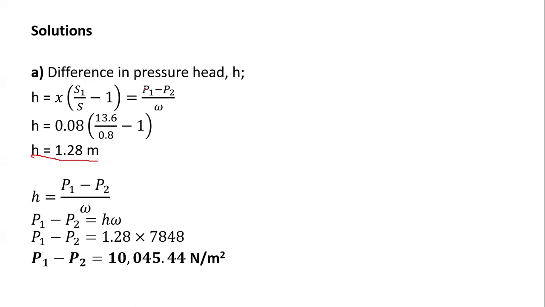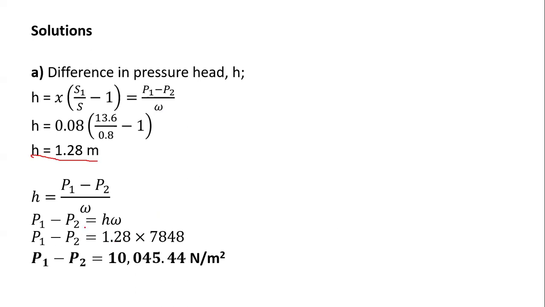Now let's get back to the other formula. Here we're talking about the difference in pressure head. Now the difference in pressure is what we could be looking for. So we come to this formula, H is equal to P1 minus P2 over omega. We can just cross multiply because we want P1 minus P2. The omega we're using is the omega for the fluid flowing in the pipe.